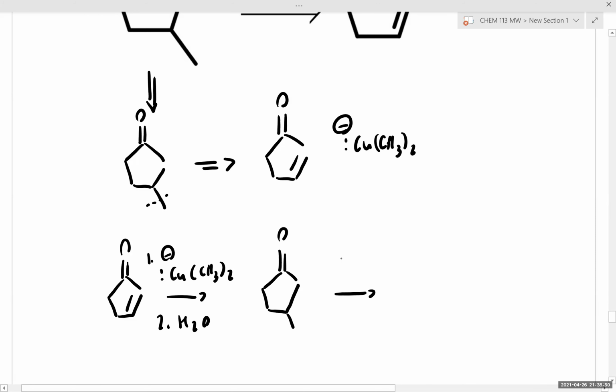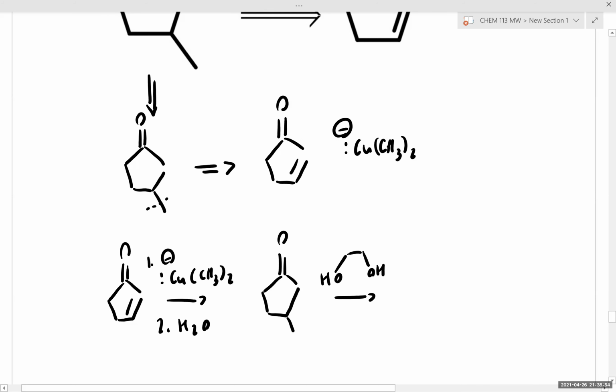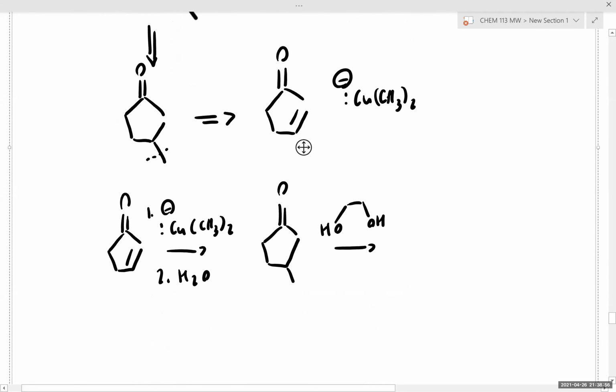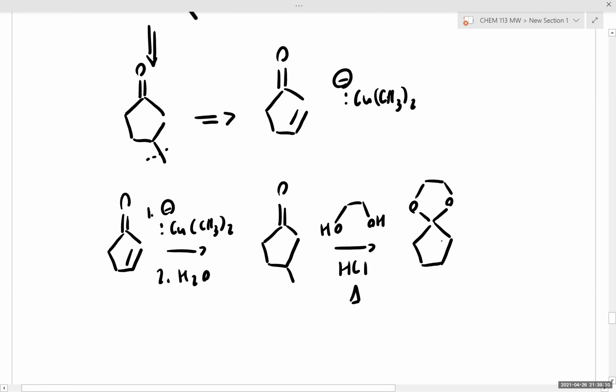Then from here, we just treat with the corresponding ethylene glycol and hydrochloric acid or toluene sulfonic acid and heat, and that generates our desired acetal. This problem is really designed to test your understanding of synthetic sequencing.